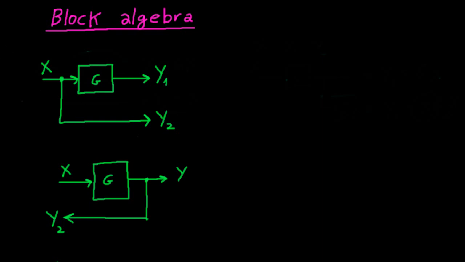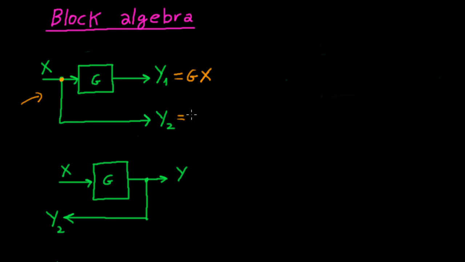For example, let's go over some simple systems. Here in the first one, we have an input, which is x, a block, which is g of s, and the output y1, which is equal to gx. And there's also a takeoff point in which we take the signal and carry it somewhere else.